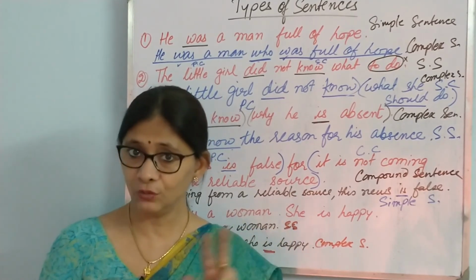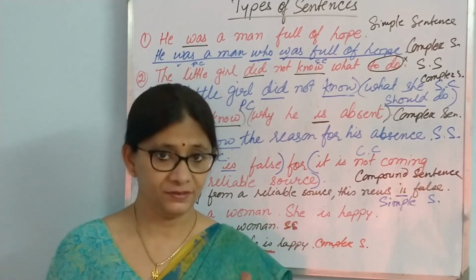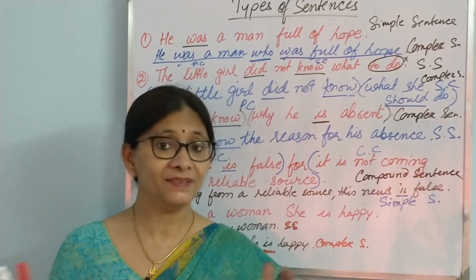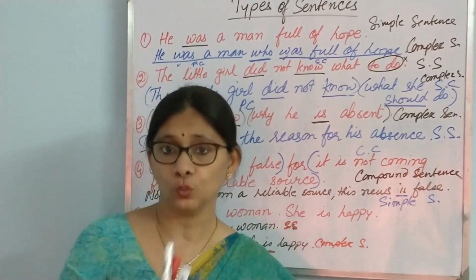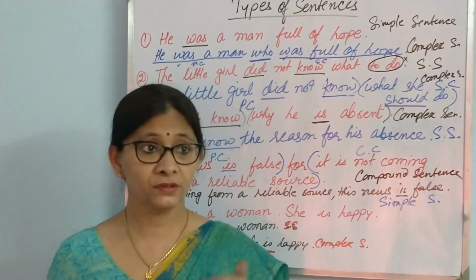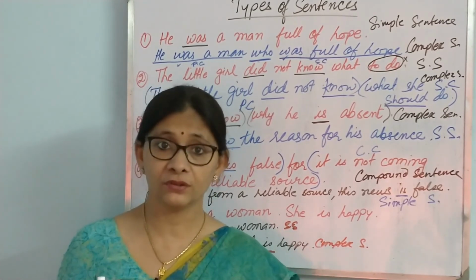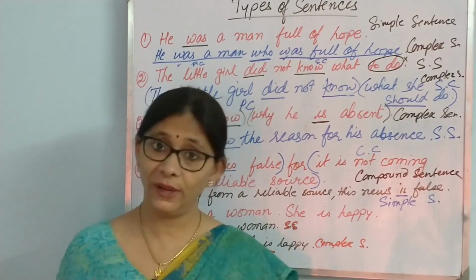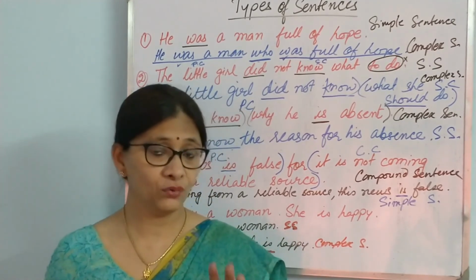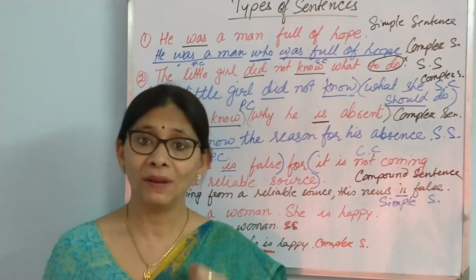That means if these words are present in a sentence, that is a compound sentence. The two independent sentences are joined with these words. But if words like although, because, as soon as, then all the WH words, when, who, which, where, these kinds of words, if they are present, then it is a complex sentence.